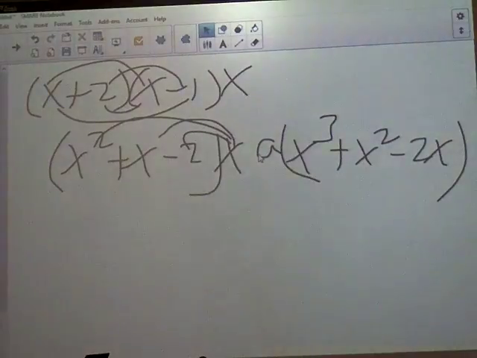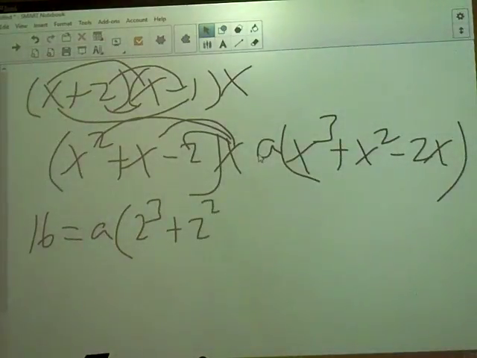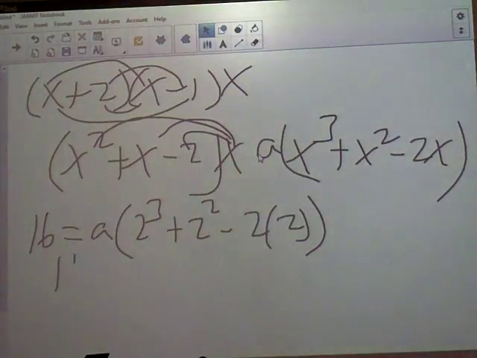We're going to plug a 2 in for all the x's and set it equal to 16 and solve for A. So I'm going to say 16 equals A. Now I'm putting a 2 in for all the x's. Why 2? Because that's what the question said, f of 2. So I've got 2 cubed plus 2 squared minus 2 times 2. So that's 8 plus 4 is 12, minus 4 is 8. So 16 equals A times 8.